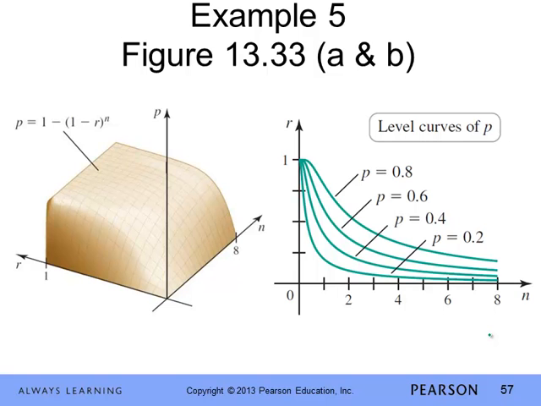Does that make sense? Meaning the set of real number outputs for this function between 0 and 1. So for this family of level curves, you see how that kind of corresponds to this. You have the R-axis there, here's the R-axis. Here's the N-axis, corresponds to this N-axis.